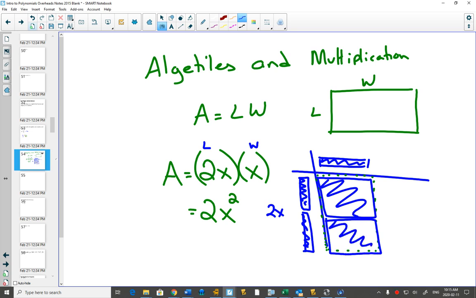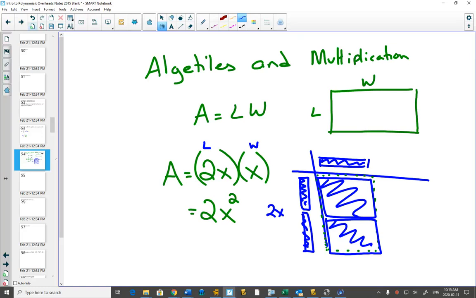One, 2x squared. So you can use the algebra tiles to show that. Even if I take out the algebra tiles so that you can see that, the algebra tile system even comes with that chart built into it.